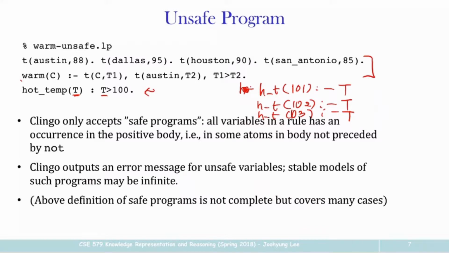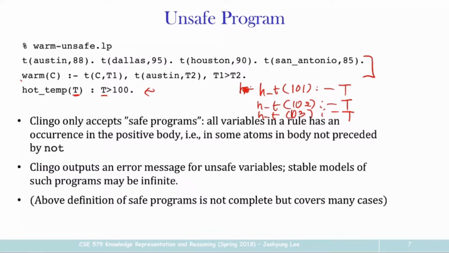So something is wrong with your program, and you have to give more information to Clingo so that it can generate only a finite number of rules. And that's actually easy to do. You can just put some atom in the positive body or some intervals to specify the range of those numbers.